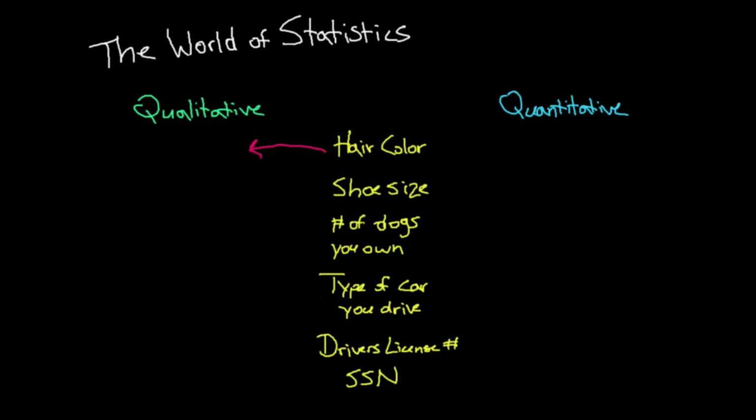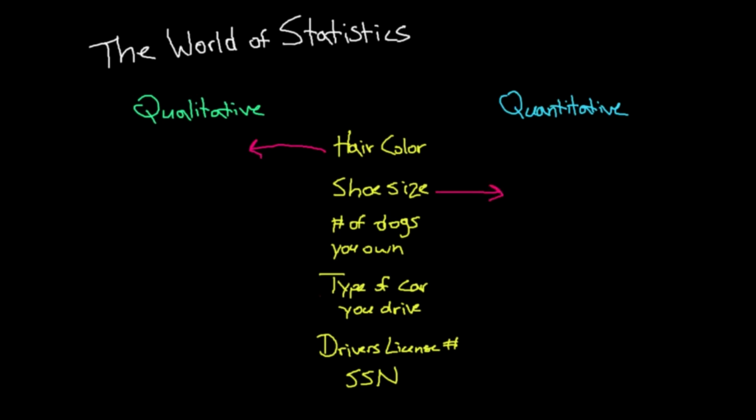If we think about shoe size, it has numbers. Shoe size is countable. Shoe size is also relative, meaning a 9 is bigger than 8. Shoe size is a label for somebody, but it is quantifiable and it is something that is countable. So shoe size would be quantitative in nature.